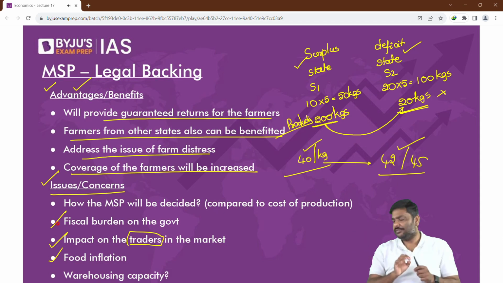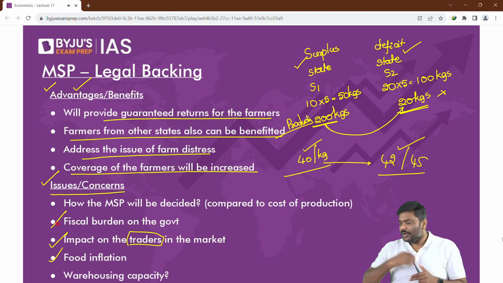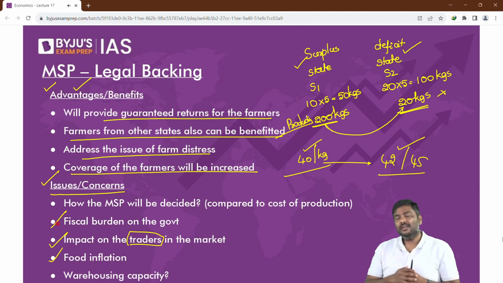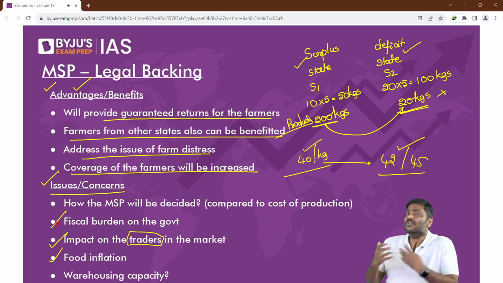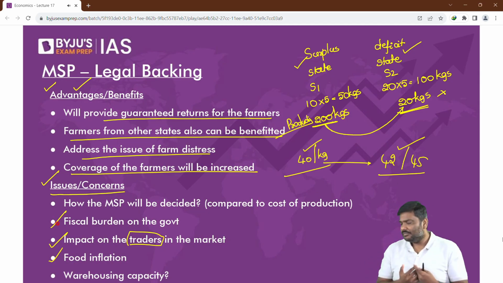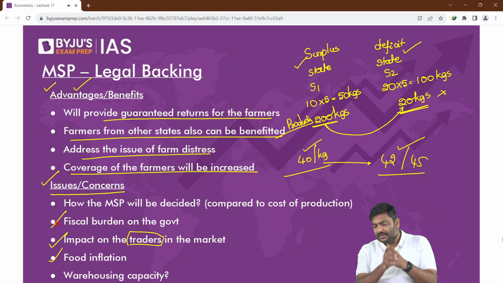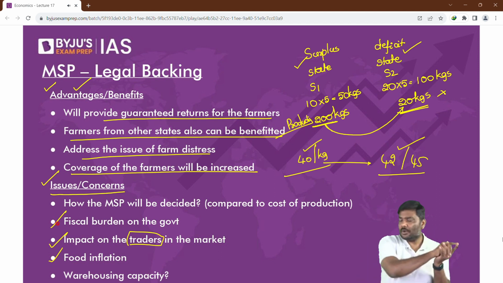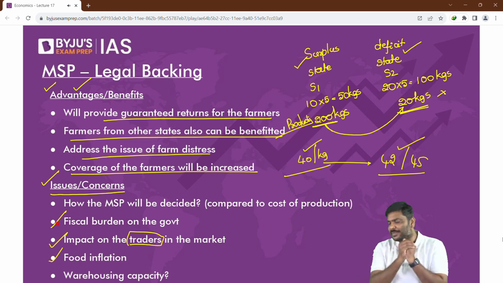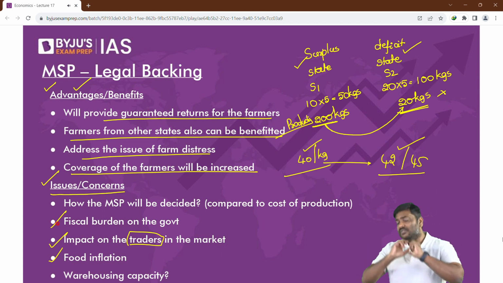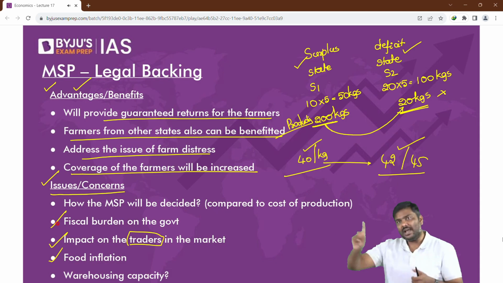Whenever government increases MSP, it might lead to certain impact on inflation. How so? If government will increase MSP, farmers will sell more of their crop to government of India. All of you are okay with this? I'll repeat it again. If government increases MSP, farmers will sell more of their crop to government of India because they want to get MSP.